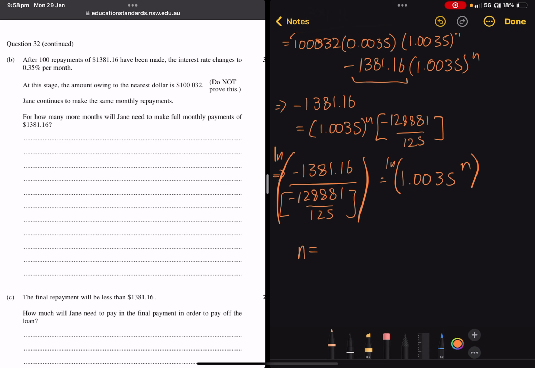This is ln of something divided by ln of 1.0035, and then the log in the numerator will be this log here. So this will be a fraction, and then in the denominator of that fraction, another fraction, minus 1381.16 divided by the fraction minus 12881 over 125.